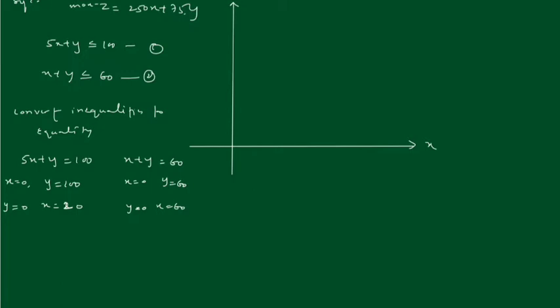So let's see. The origin. Usually graphs are plotted on graph sheets, where we get accurate values; here I'm simply showing it. We can take 10, 20, 30, 40, 50, 60, 70 on the x-axis, right? Here also 10, 20, 30, 40, 50, 60.